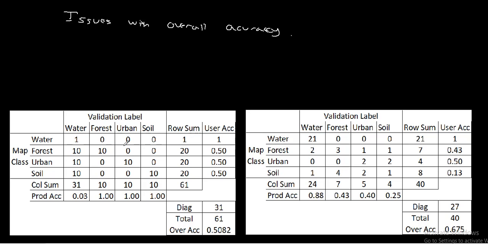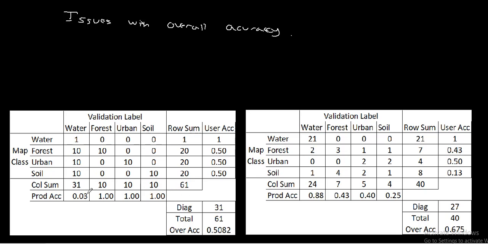But if we look at forest, urban, and soil, they have producer's accuracies of 100, which means the algorithm perfectly classified all three of these classes. But look at this column summary, the total number in each column. We actually had more water validation data than the other three classes combined. So water here was a very large class relative to the others.